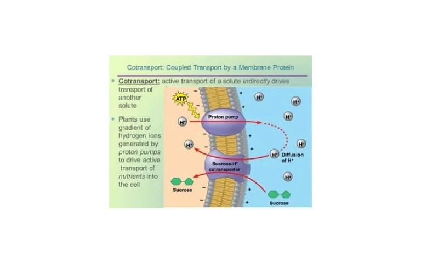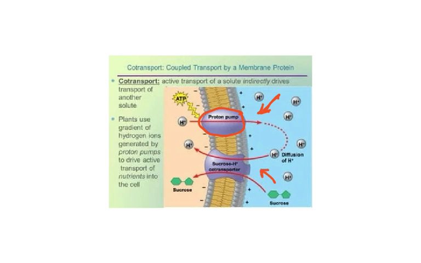Now, a quick revision of this chapter. Co-transport, active transport of a solute. Now you see this is the proton pump. This is pumping hydrogen out. So this is a separate pump which pumps hydrogen out. And then the hydrogen ions diffuse back in and sucrose is co-transported. So there are two proteins, one is this one and one is this one for the co-transport.